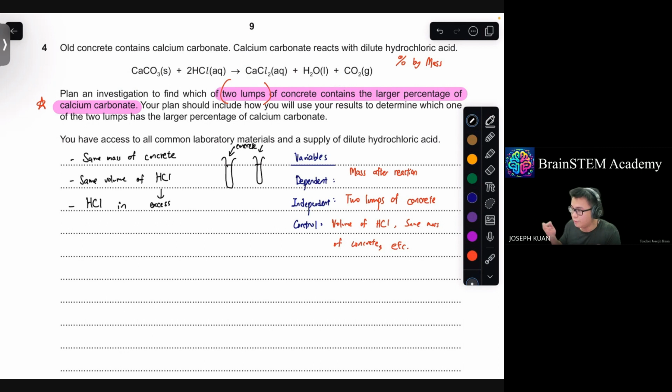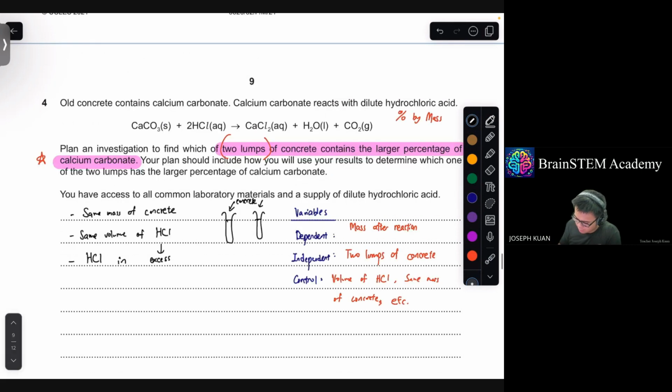So let's say you're using 10 grams. Two situations, right? The one that has more calcium carbonate will actually have a greater reduction in mass. Let's say this 10 grams of concrete A contains 8 grams of calcium carbonate, which means that your remainder will be 2 grams.